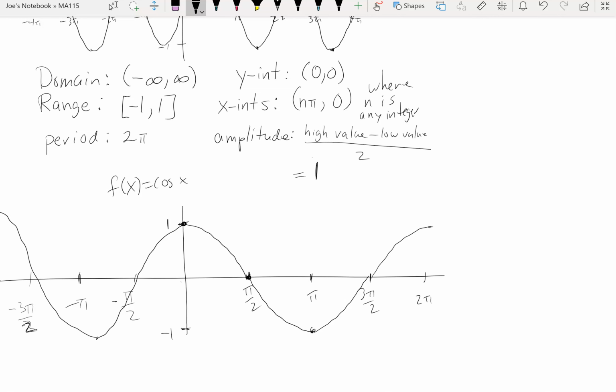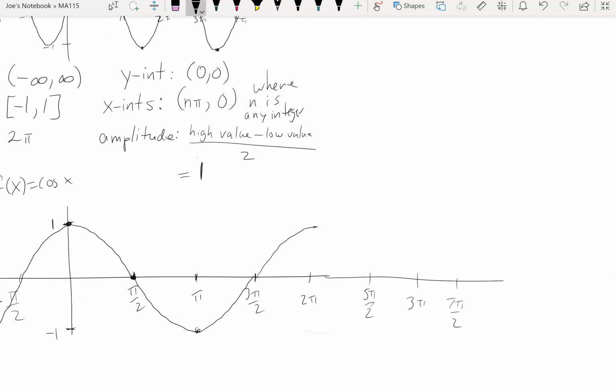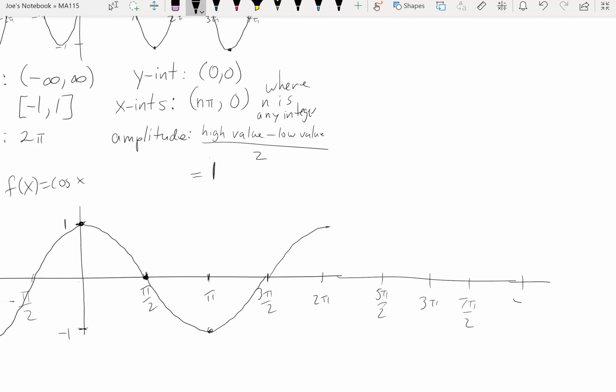We can continue out this way. If I had 5 pi over 2 and 3 pi and 7 pi over 2, and 4 pi, it would come down and then bottom out and go back up and top out. It just repeats itself every multiple of 2 pi, right?